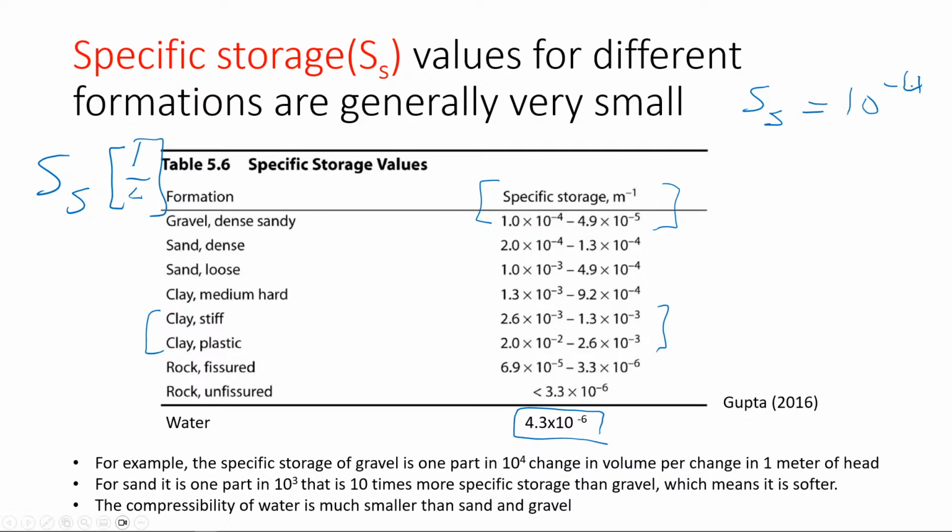This means 1 part in 10,000 parts. So if I have 10,000 cubic meters of aquifer, and I drop the head by 1 meter, I will release from this aquifer 1 cubic meter of water.